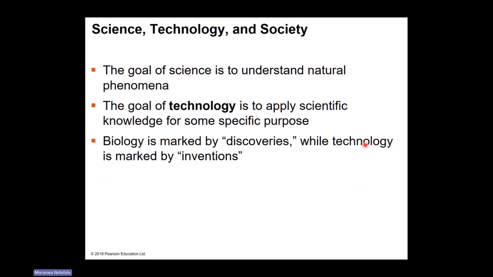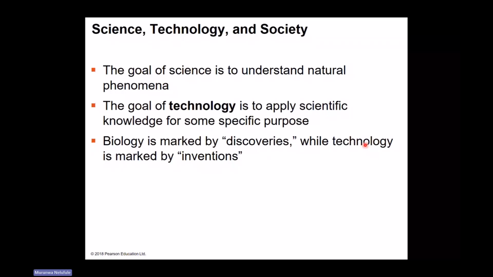Again, science, technology, and society. The goal of science is to understand natural phenomena. The goal of technology is to apply the knowledge for a specific purpose. Biology is marked by discoveries, while technology is marked by invention.